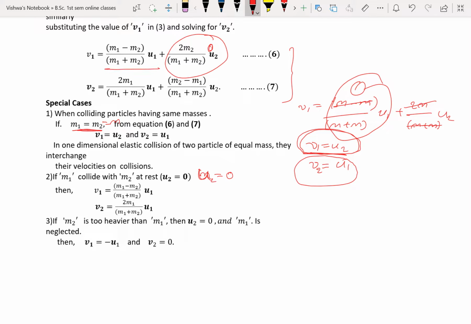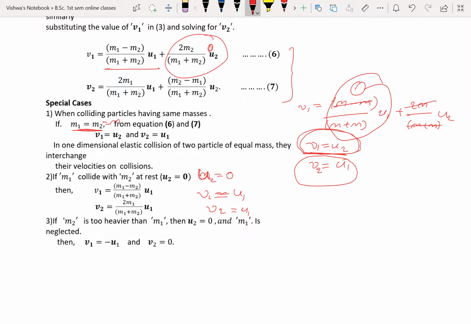Again, if you impose the condition m1 equal to m2, then what happens? This equation becomes v1 is equal to u1. Similarly, v2 equal to what? It is u. That means again the velocities are transferred from one body to another body.